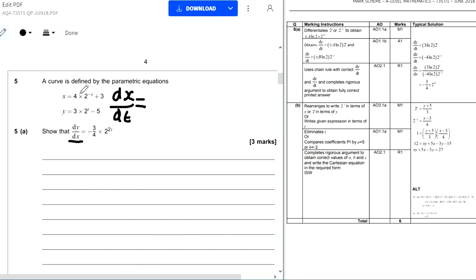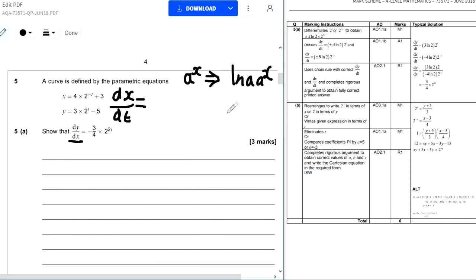So let's do that. So we've got 4 times 2 to the minus t. The problem here is not the 4, it's 2 to the minus t. If you're trying to differentiate a to the x, that's going to become ln a times a to the x.